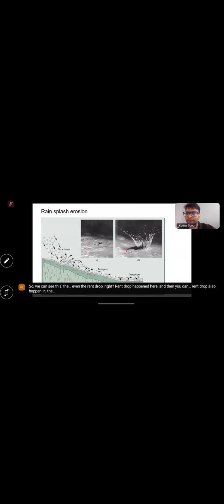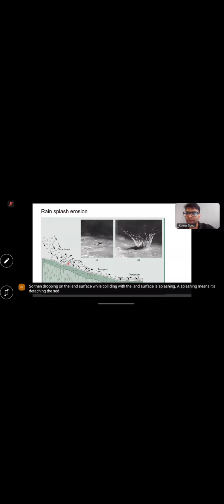These are known as splash rain. When the drop collides with the land surface, it starts splashing. Splashing means it is detaching the sediment particles from the surface.